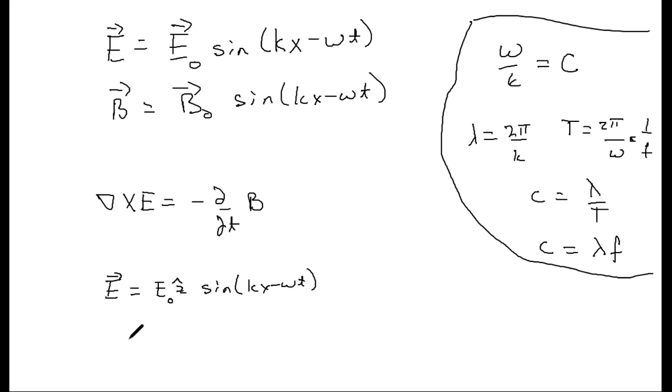That's going to give me minus, it's going to be a y hat, and it's going to be the x derivative of this. It's going to be k times E naught cosine.